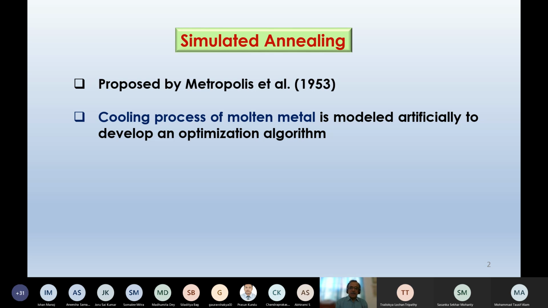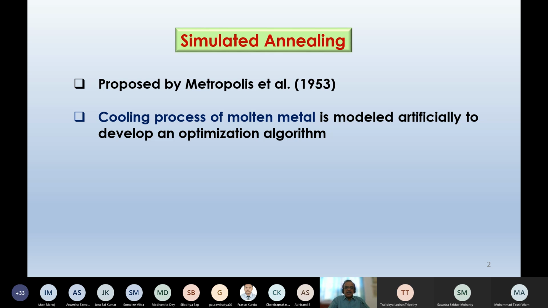This cooling process of molten metal is modeled artificially to design an optimization tool called simulated annealing. Whenever a metal is in molten state, its energy state is very high.